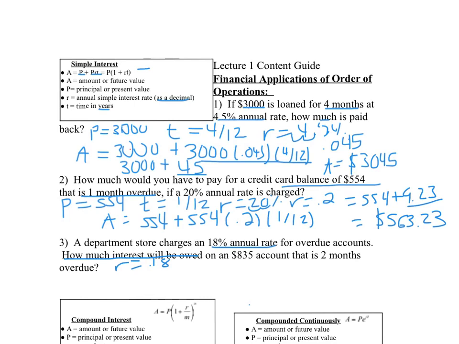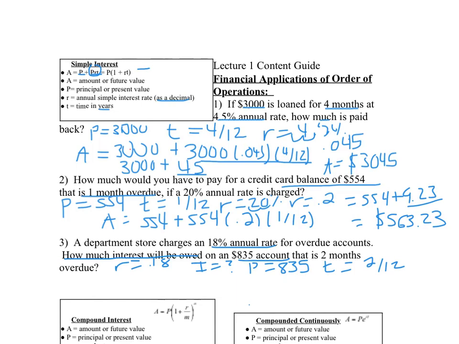We're looking for how much interest will be owed, so we're looking for I. And that's going to be the PRT part of the formula. Next we're going to look at 835, which is our P. And our time will be 2 months, so we'll put 2 over 12.